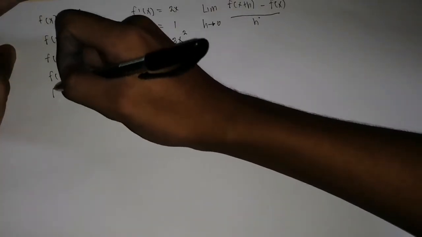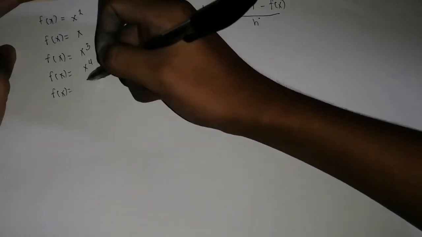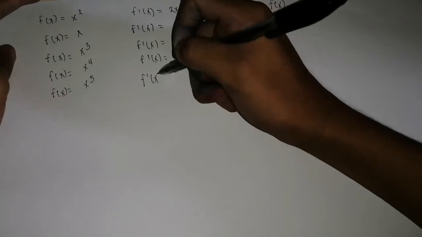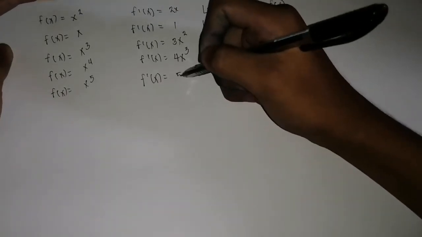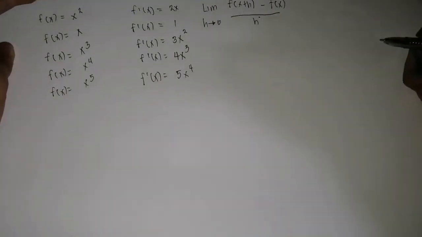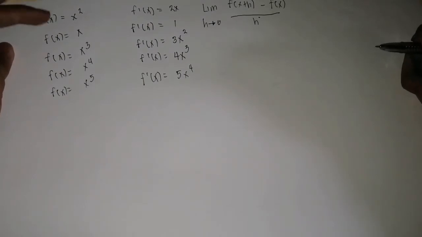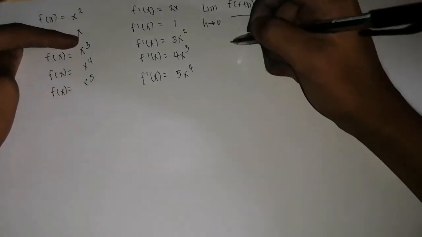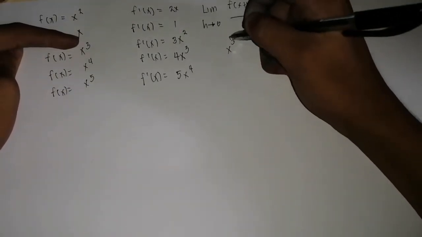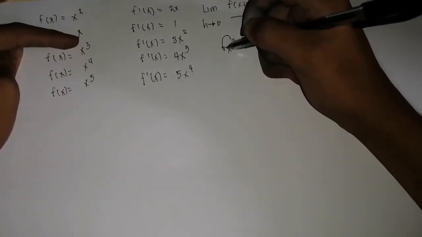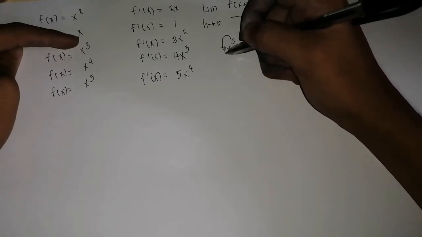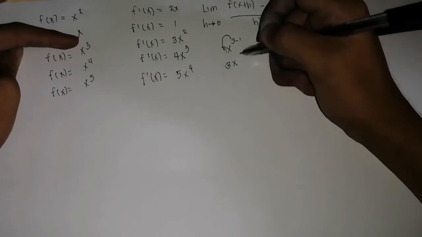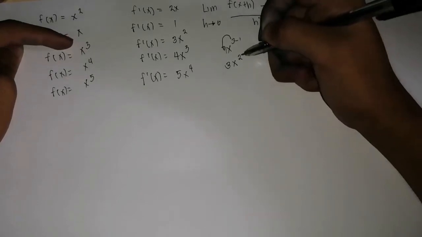Last, if f of x is equal to x raised to 5, then f prime of x is equal to 5x raised to 4. Do you notice the pattern? Like with x raised to 3, this 3 is multiplied by the visible 1 there, so 3 times 1 is 3, so 3x. Then you subtract 1 from the exponent 3, and it becomes 3x squared.